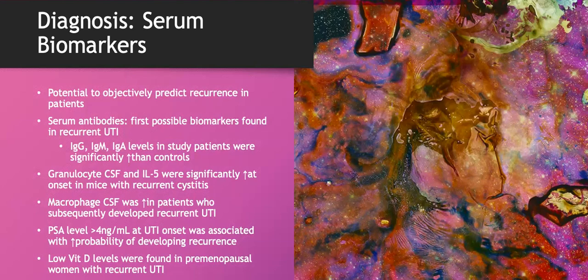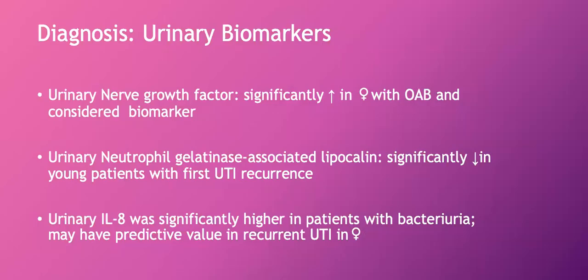PSA level is also one of the biomarkers. It's quoted that a PSA level of more than 4 at UTI onset is associated with an increased probability of developing recurrence. Low vitamin D levels were also found in premenopausal women to be associated with recurrent UTI.